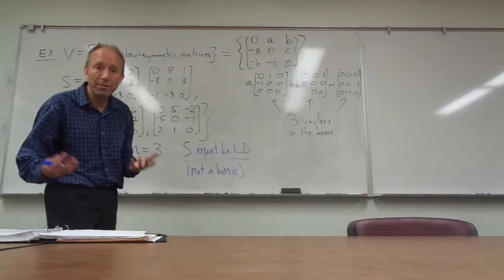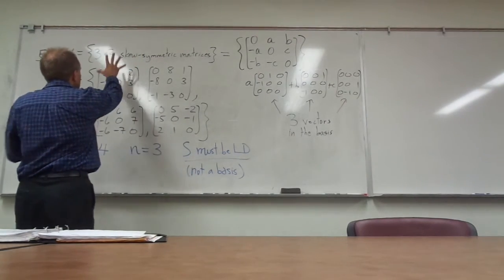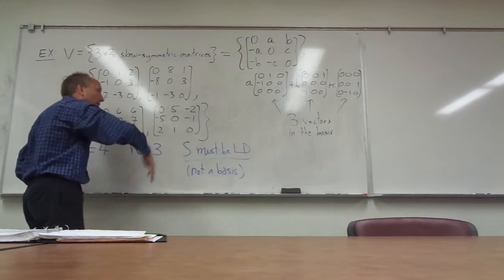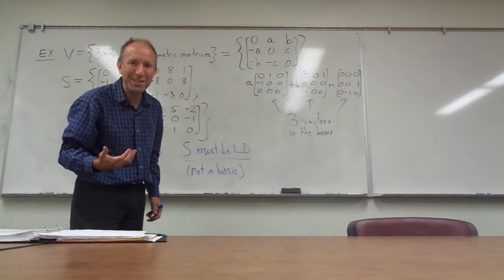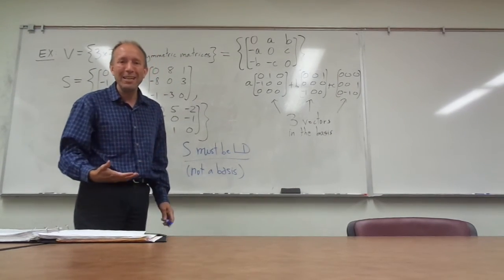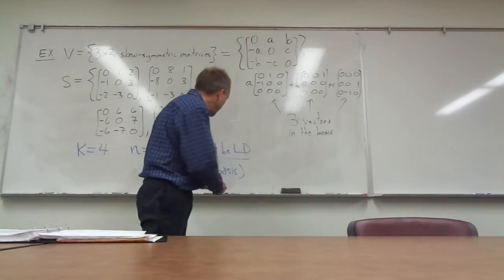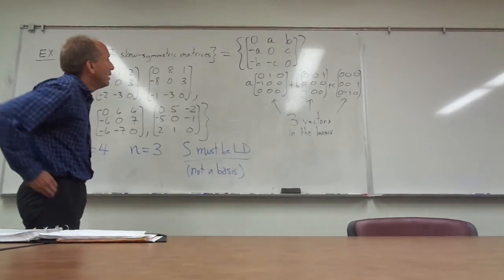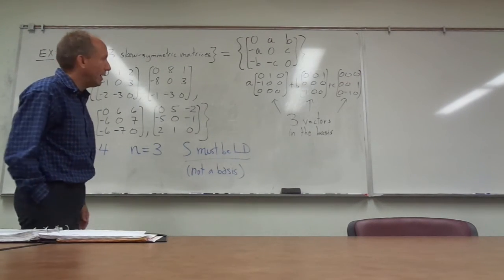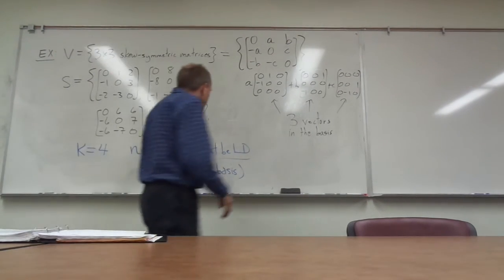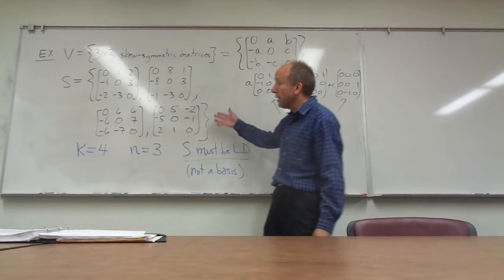That would take further investigation. We would have to actually take these matrices, lay them into the columns of a rather humongous matrix, do row operations on it, and see whether a pivot would drift into the far right column. I'm not going to do that right now and here, but that would be the idea behind that. So these vectors are LD. There has to be a linear dependency.